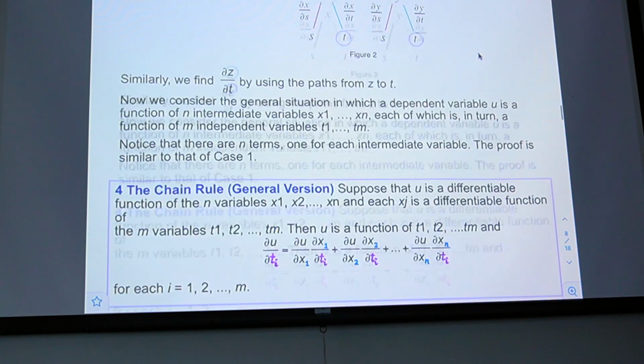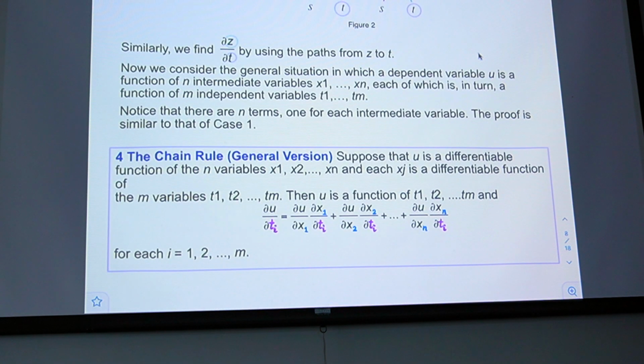Now we can consider the general situation in which a dependent variable u is a function of n intermediate variables, x1, x2, all the way to xn. Each of these xi, in turn, is a function of m independent variables, t1, t2, all the way to tm.